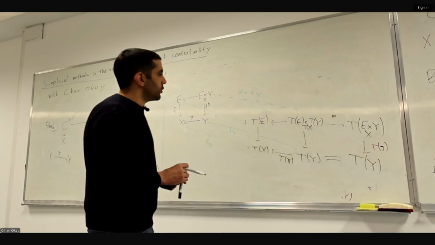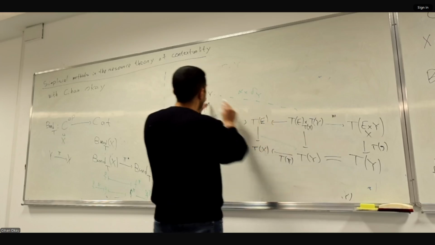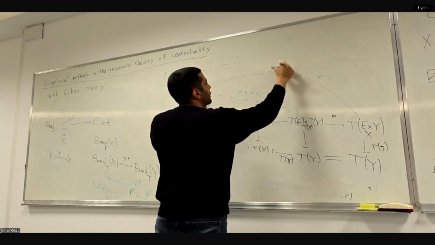We can prove that this commutes, and really we can take this, so then you see, this is our map. So our map here is M alpha.